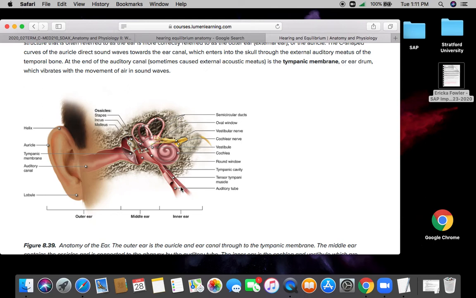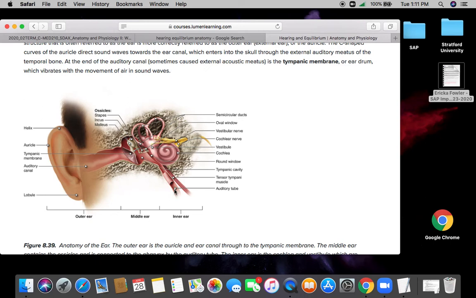Another thing that your ear has right here. I don't know why they call it the auditory tube. That's your eustachian tube. Now, your eustachian tube, that's the thing that, when your ears pop, the function of the eustachian tube is it connects the pharyngeal area of your throat to your middle ear, middle and inner ear to be exact.